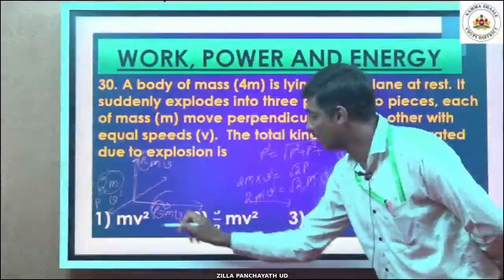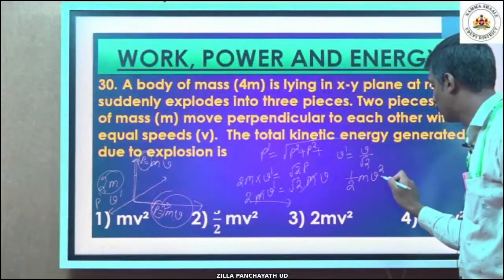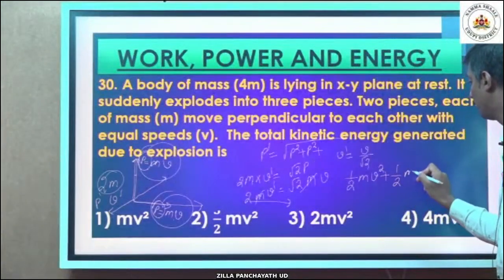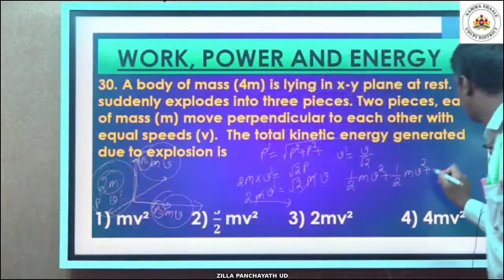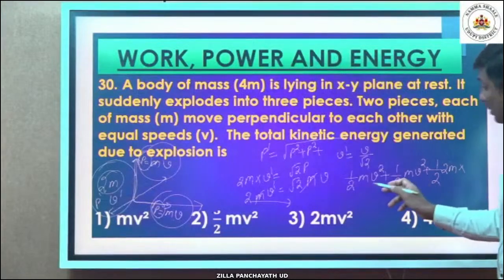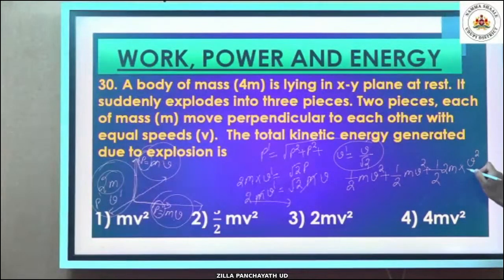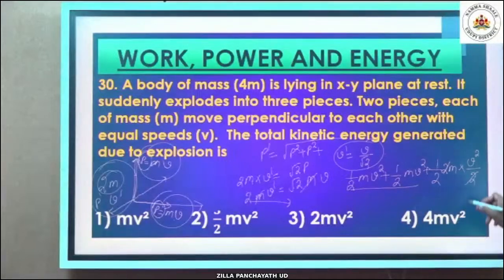So what is the kinetic energy of this fragment? Half mv square, plus the kinetic energy of this fragment, half mv square, plus the kinetic energy of this fragment, half mass, which is 2m, children, times the speed squared. The speed is v divided by root 2, so v square divided by 2 after squaring. The 2 cancels, so this is also half mv square.